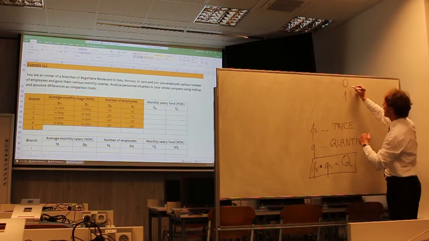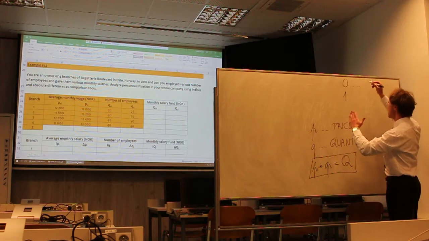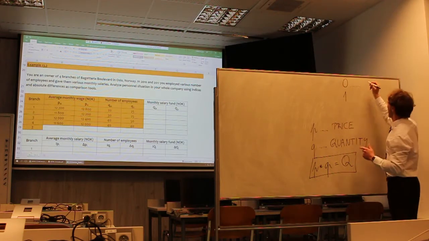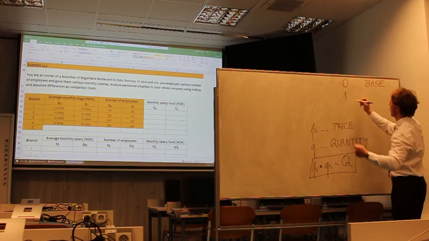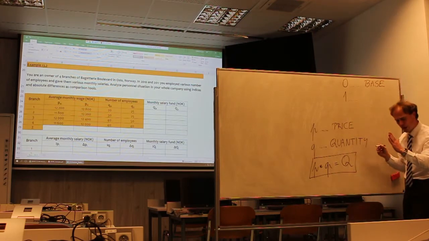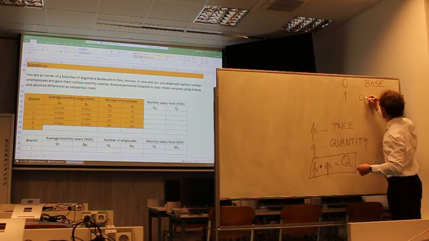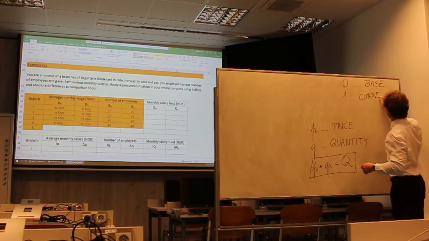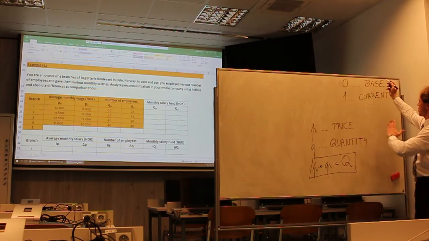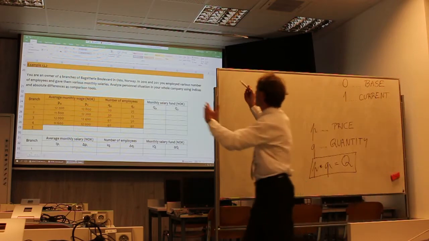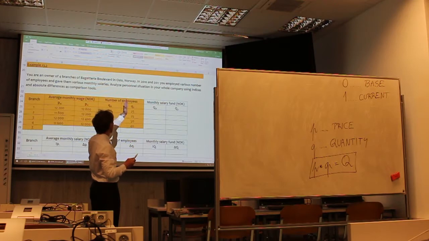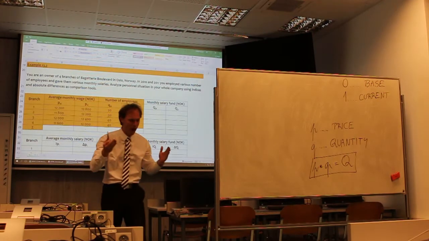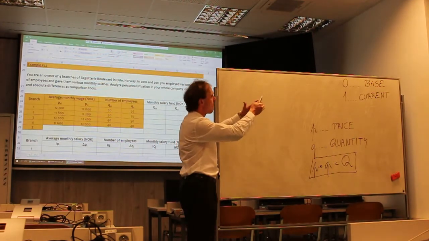The period 0 will be base period, or basic period. Period 1 will be current period. Okay, the base period and current period, and we have here year 2010 and 2011. So we will compare these 2 periods.